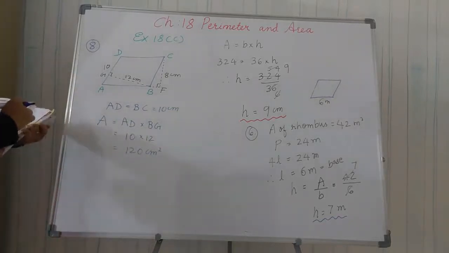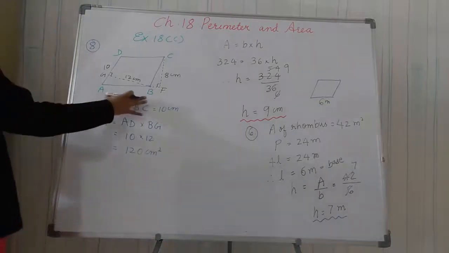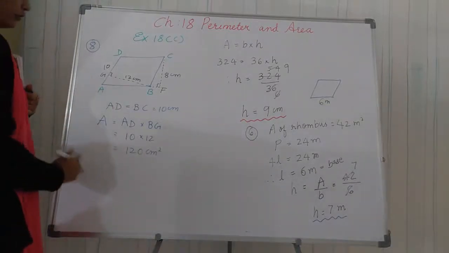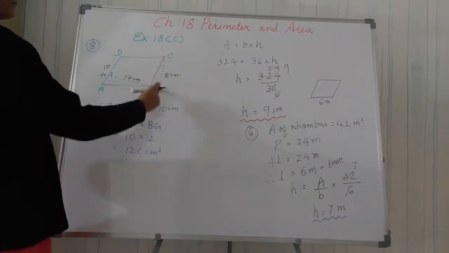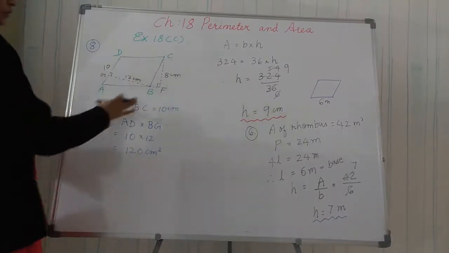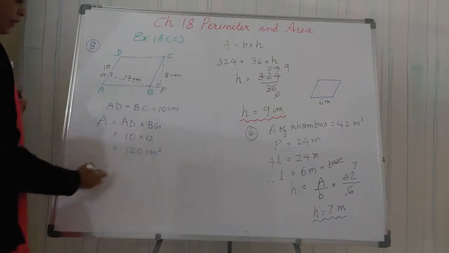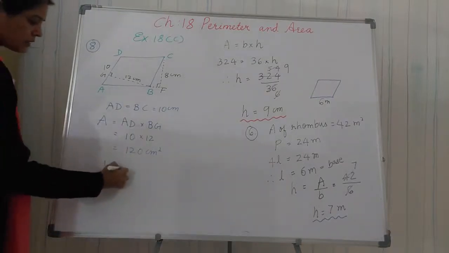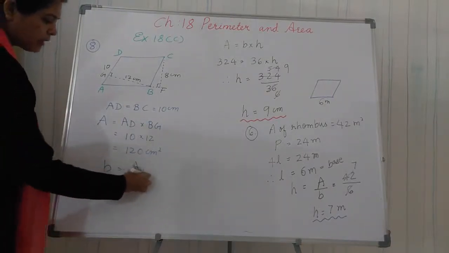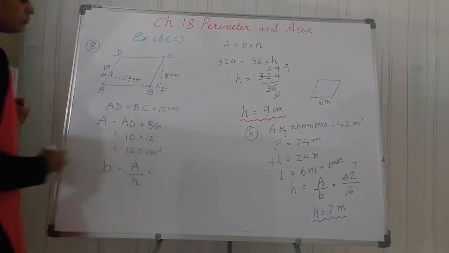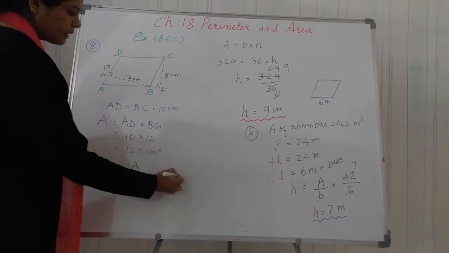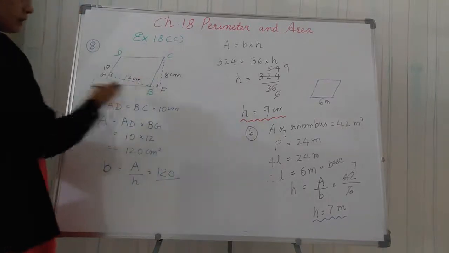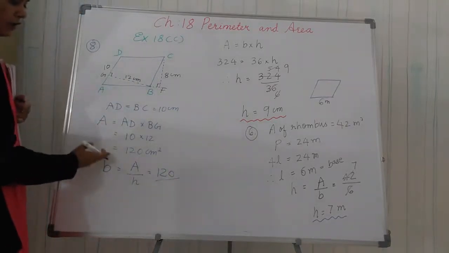Now what you want to calculate? Side AB. This is the side AB which you want to find out. For that, on side AB, this is the CF altitude. So you want to find the base. For that, base is equal to area divided by height. So area we have already found here, which is 120. You see, this is the same parallelogram whose area we have found.